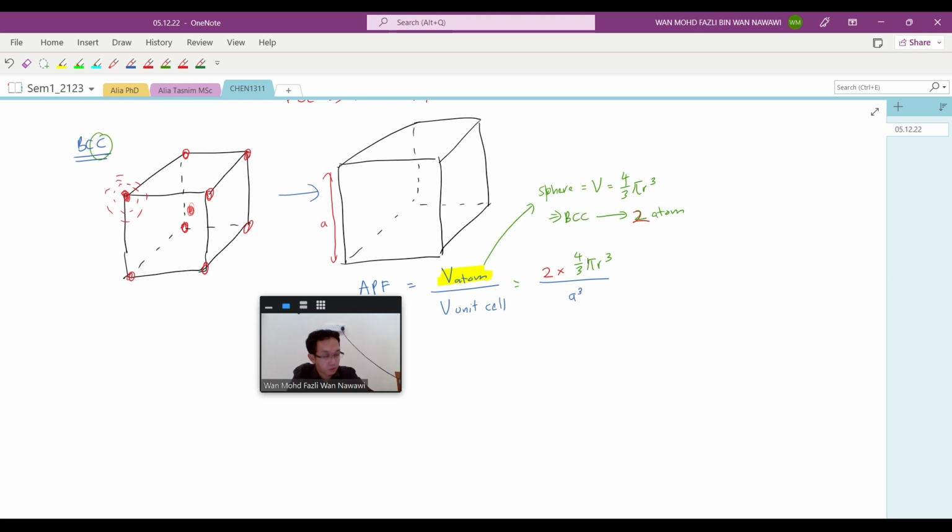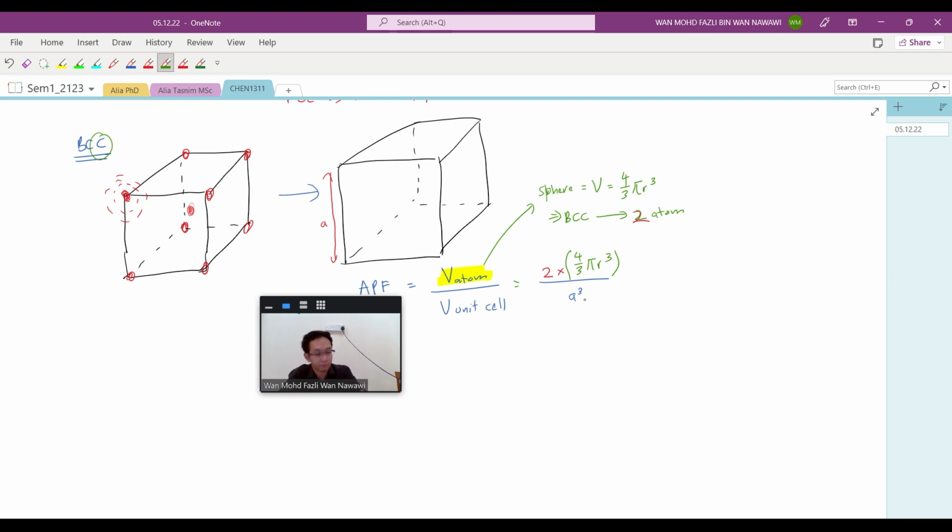This is the sphere volume, 2 is the number of atoms, and A^3 is the volume for the unit cell itself.